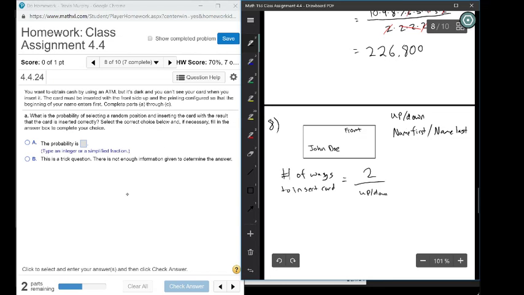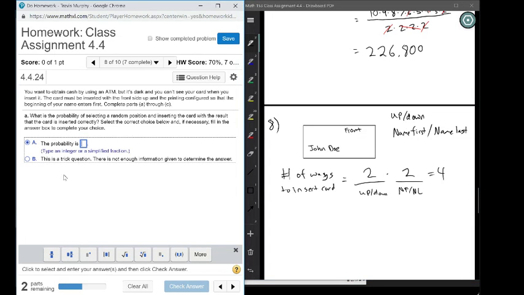So that's 2. And then is it name first or name last? Well, there's 2 possibilities there. So we get 4. So the probability is 1/4.